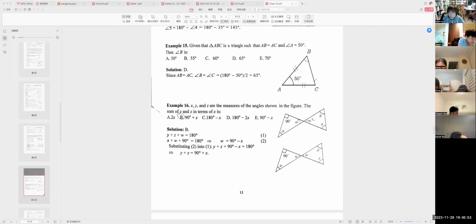So that means angle B and angle C are equal to each other, correct? So basically just 180 minus 5. 这道我们不讲了，我们看一下 example 16. X, Y, Z are measurements of the angles showing in the figure.